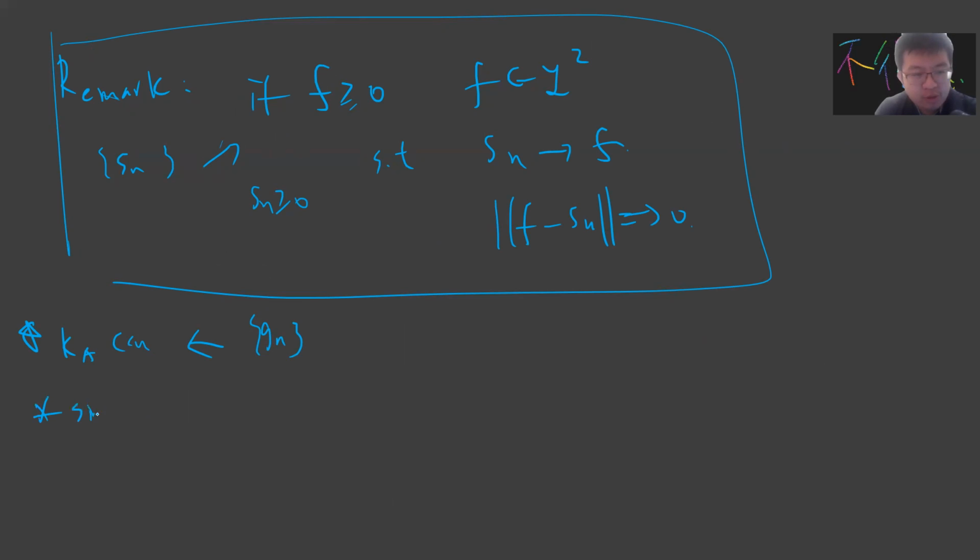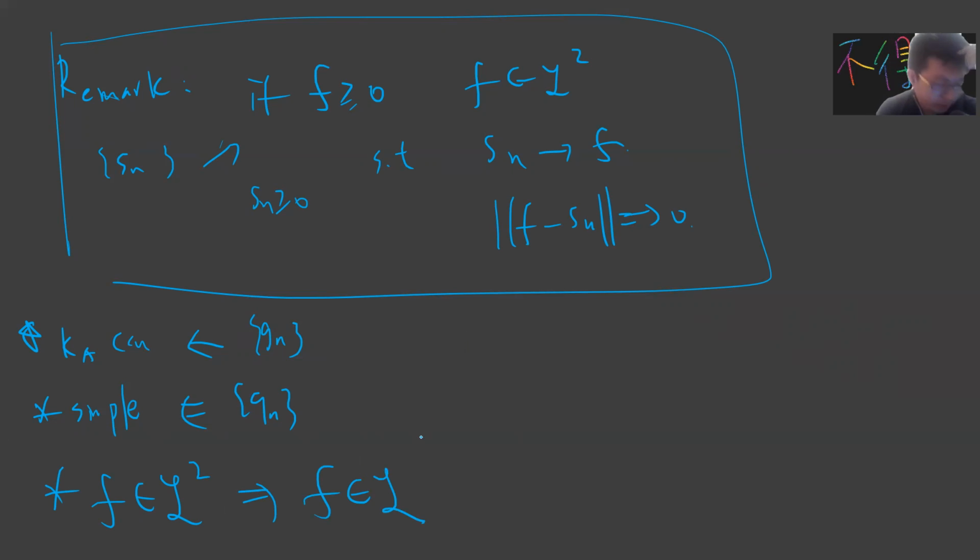So a simple function can also be approximated by continuous functions. And also by this argument, for any non-negative measurable function, you can find Sn. So you can go to any f that belongs to L square.